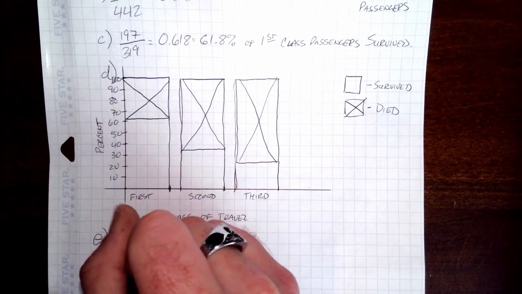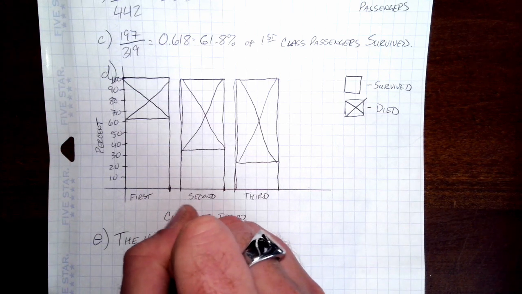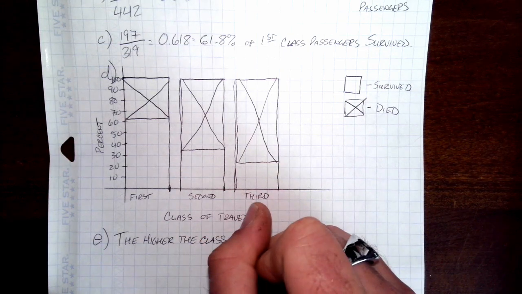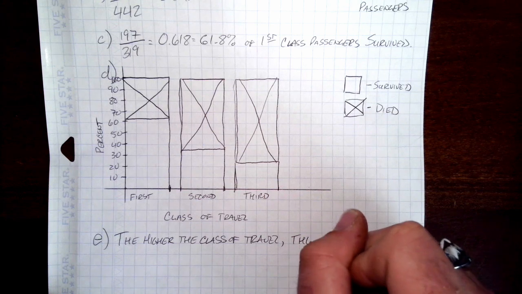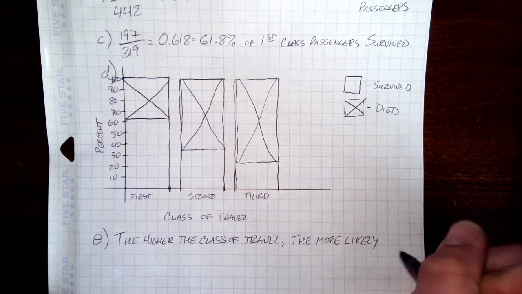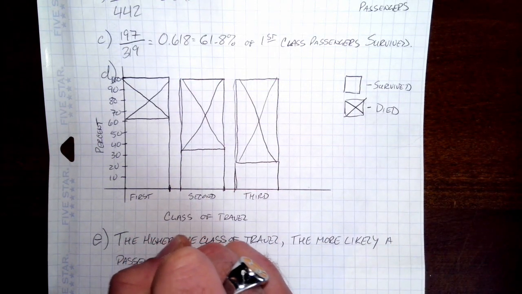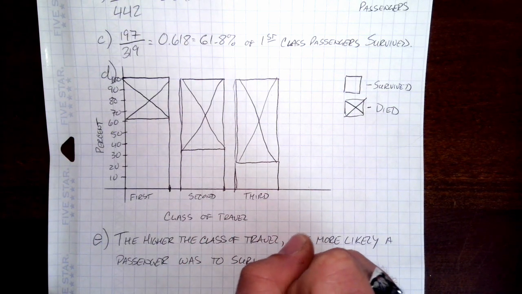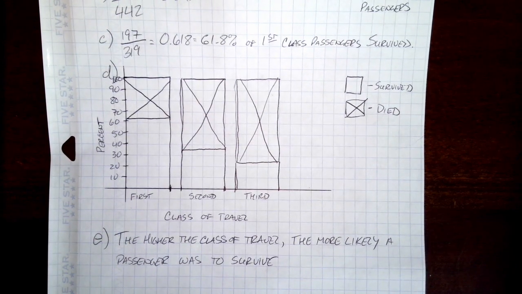The higher the class of travel, the more likely the rate of survival. And that's example 1.